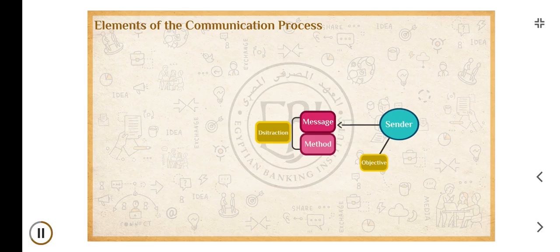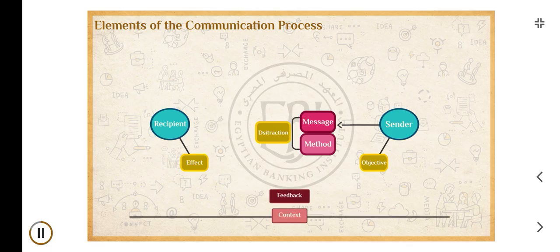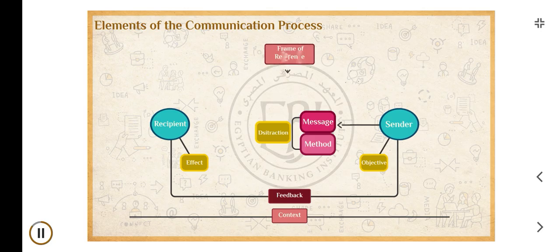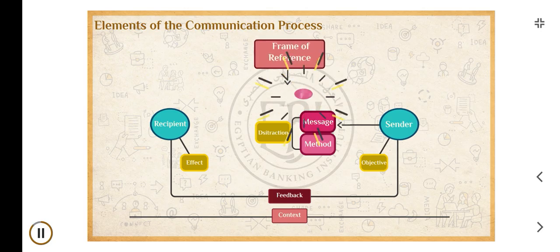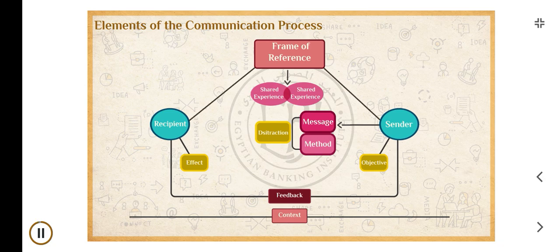This message must be received, and the recipient is the one that receives it and is influenced by the message. This process must be governed by a specific context and, from the other side, a frame of reference, which is a component of the common experiences existing between the sender and the recipient, or between the sender and the receiver.